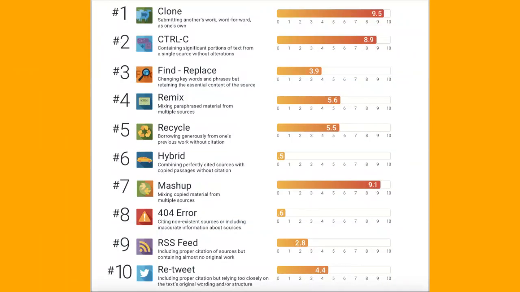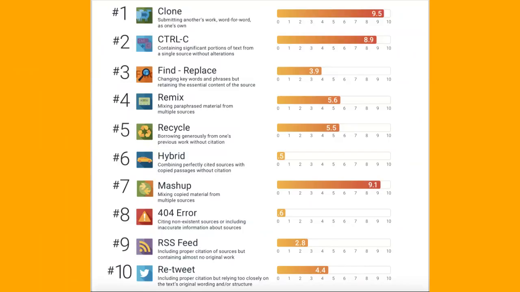Once you do that, you should come across this handout here, and it's a beautifully aesthetic handout. More importantly, on the left-hand side, it gives you creative names regarding the differing types of plagiarism. On the right-hand side, it gives you the labeling, or the percentage out of 10, of how often students plagiarize.